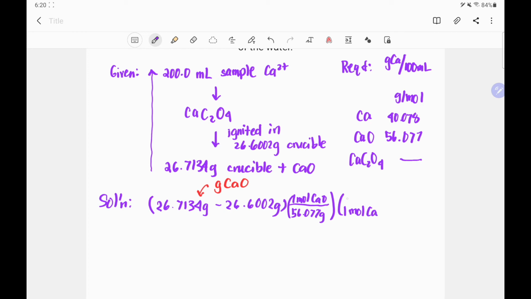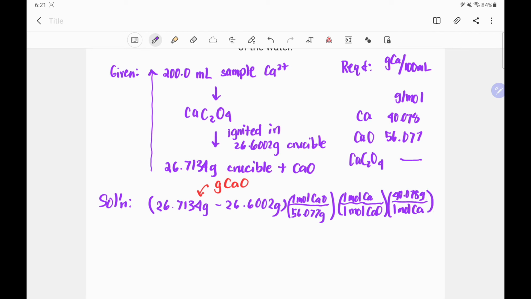There's 1 mole of calcium in 1 mole of calcium oxide. I also know that for 1 mole of calcium, that's 40.078 grams.